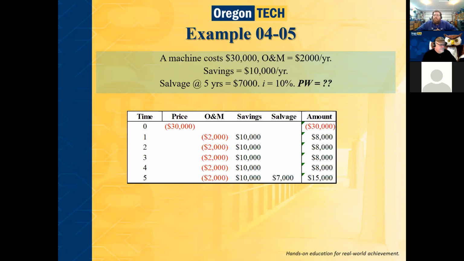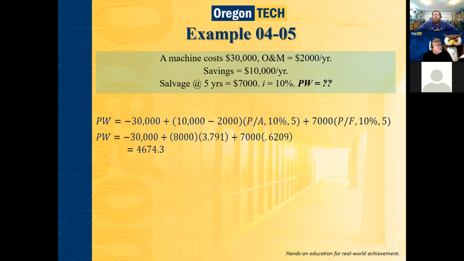Okay. Got it. All right, so now then, here's what the book does. Present value: minus $30,000 plus 10 minus 2,000, you're at 8,000. So that gets you an annuity you're getting in every year. Present value of that annuity at 10% for 5 years.